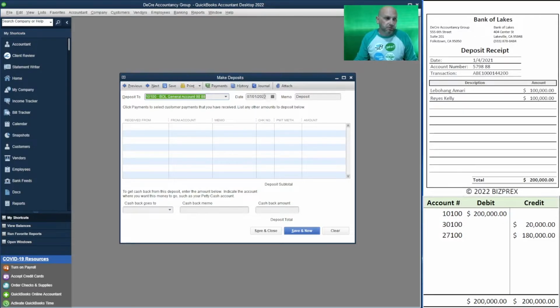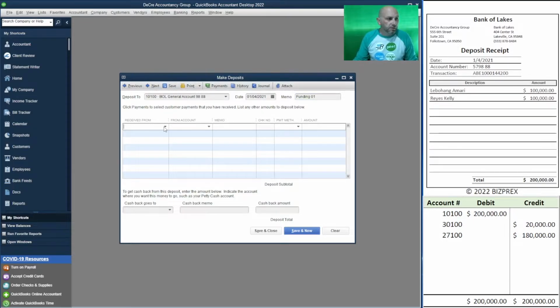However, we've got to watch the date. So in this instance, the date is January 4th, 01/04/2021, right? It's a deposit. So let's call it funding 01. Again, it is deposited to the general account.